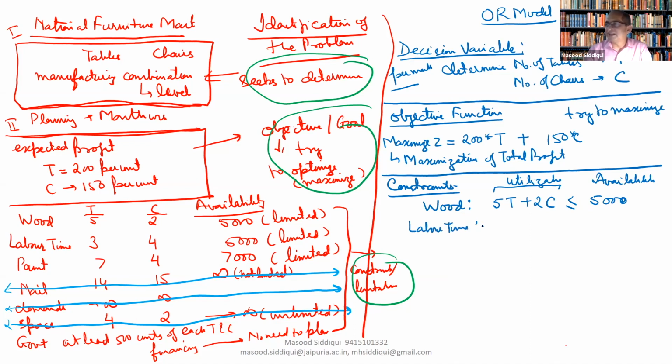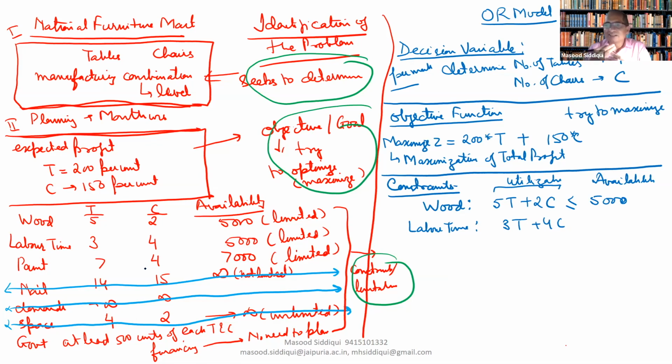In the same manner that we have discussed for the wood, the labor time utilized would be 3T plus 4C, right? This is the total labor time that has been utilized. Again, here we have two inherent assumptions. What is the first assumption?